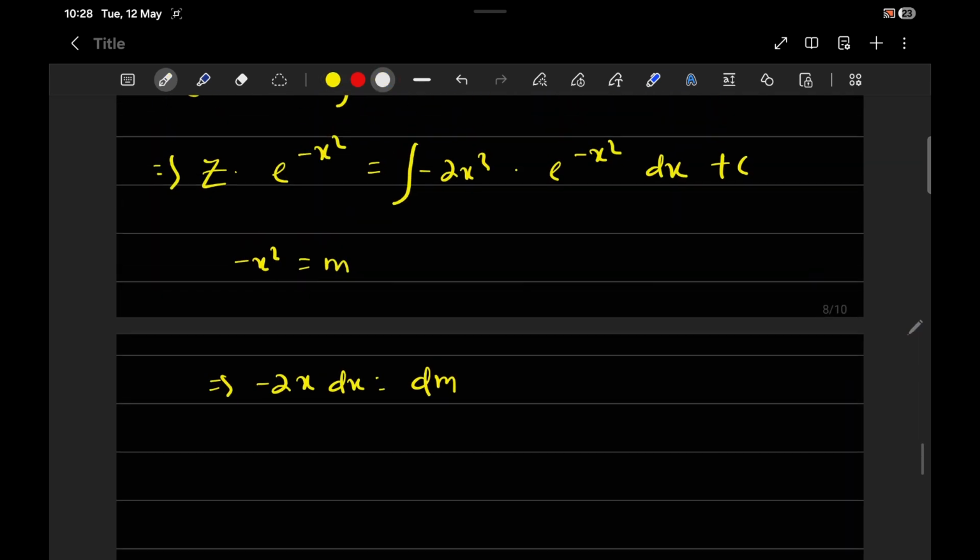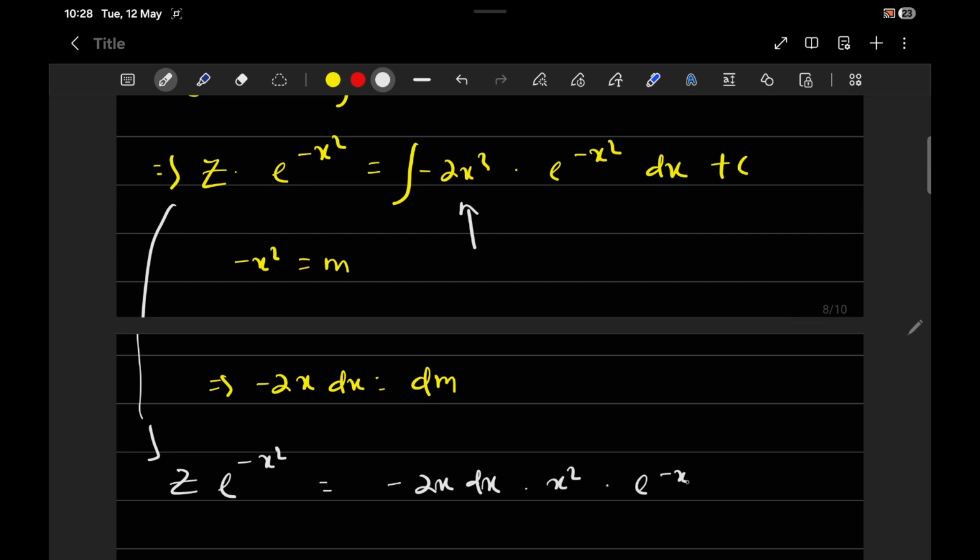So z into e to the power minus x square is equal to, here we can split minus 2x dx, I am splitting this into x square into e to the power minus x square, plus c.